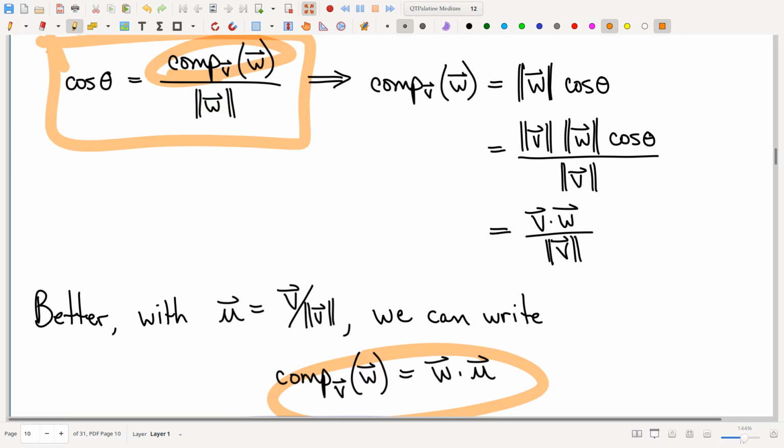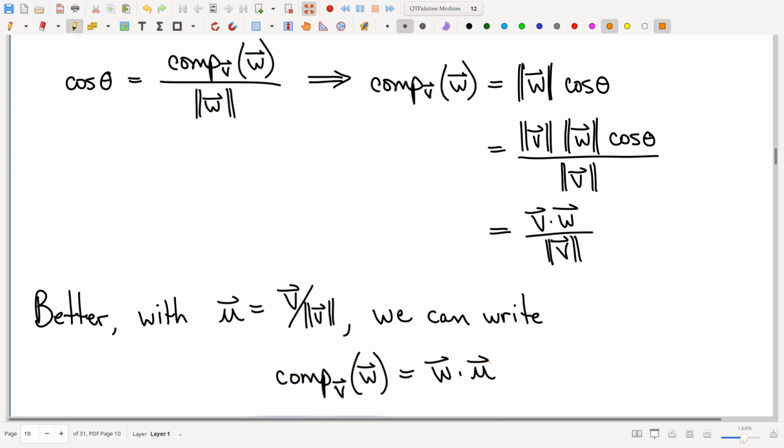Yes. I have a quick question. I don't understand how the cosine disappeared. Oh, right. So this is a clever move. You notice that magnitude of V just showed up in the numerator and the denominator out of nothing, right? And it shows up because they cancel. I multiplied and divided by the same thing. It's perfectly legal, right?